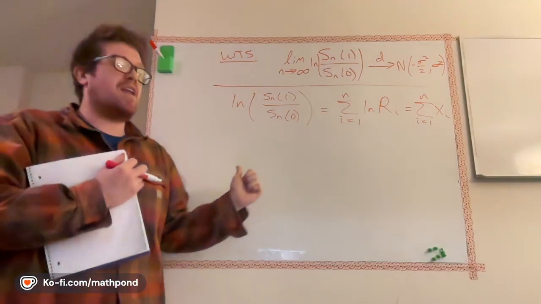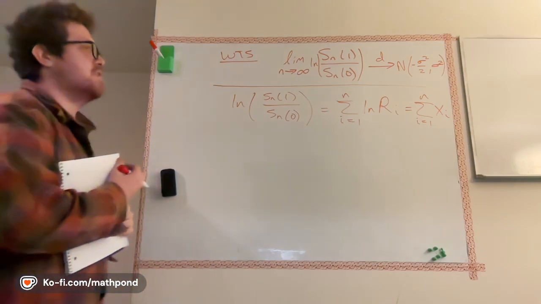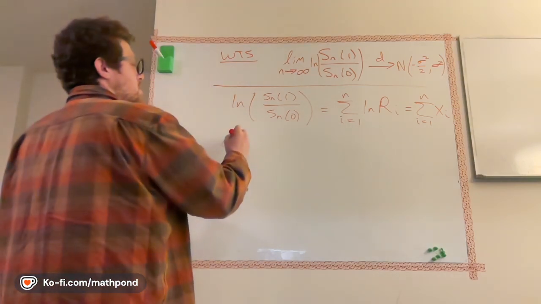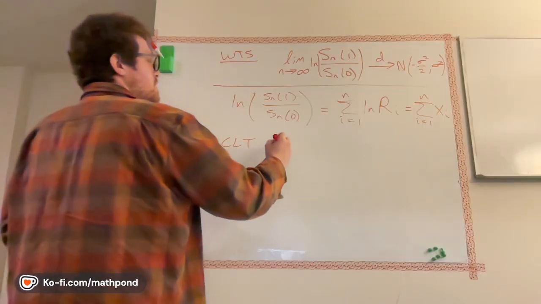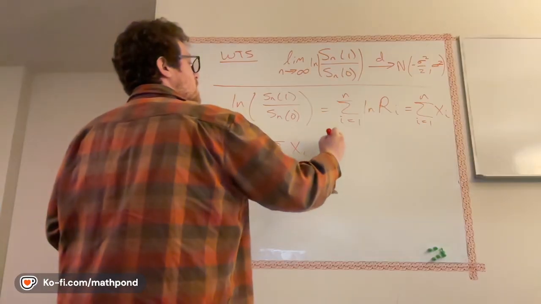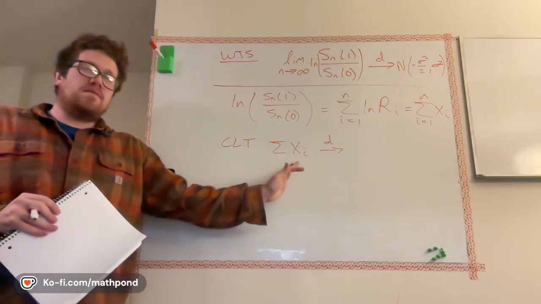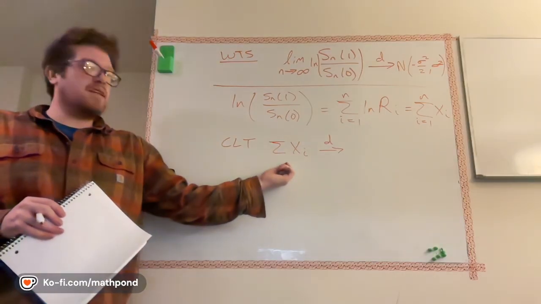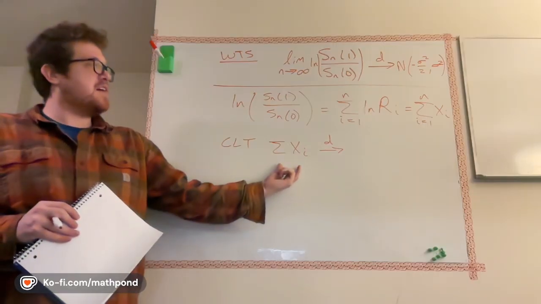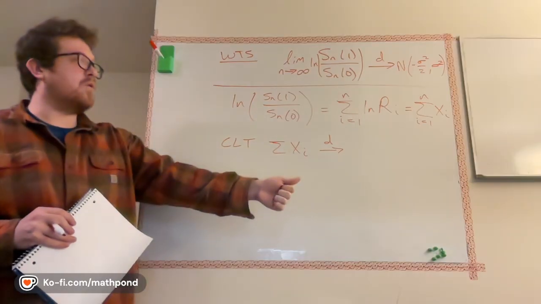So when we add up these identically distributed and independent variables, we should have a central limit theorem. The central limit theorem says that the sum of the xi's converges in distribution to, so here you have to do a little bit of scaling. You'd have to rescale all of the xi's so that their mean was 0 and their variance was 1.